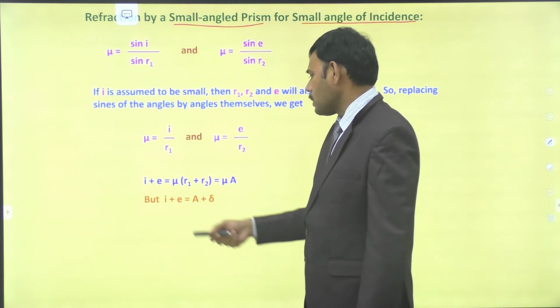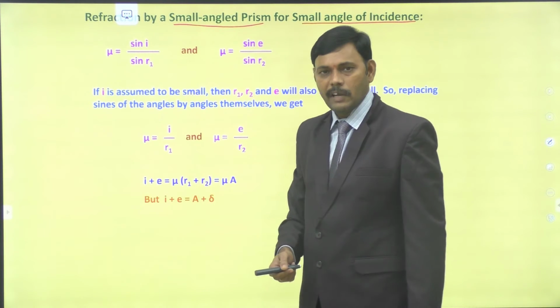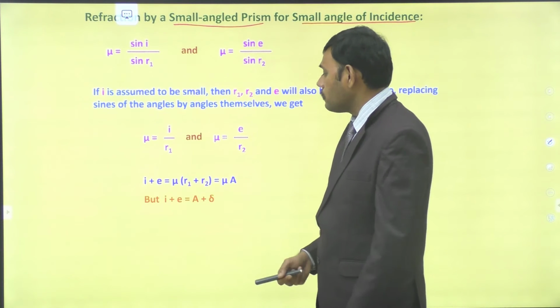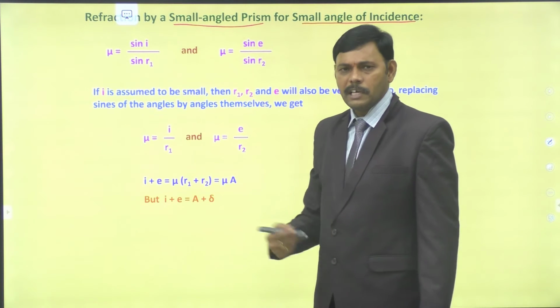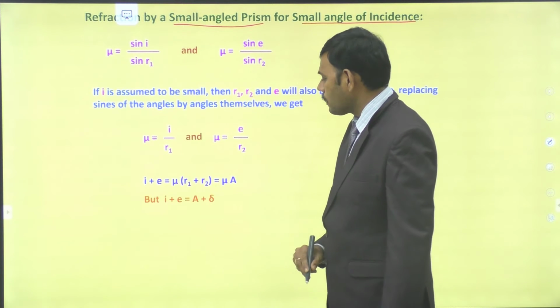One more expression, we know that I plus E is A plus delta. Already we derived it. A is the angle of prism, delta is deviation. Any deviation, need not be minimum deviation. For any deviation, I plus E is A plus delta.